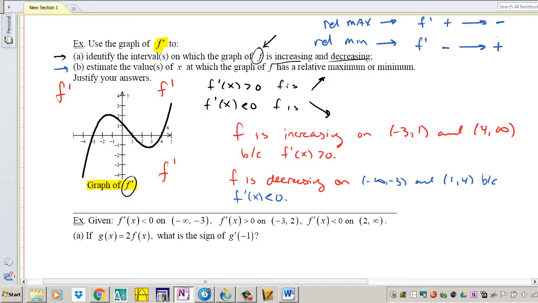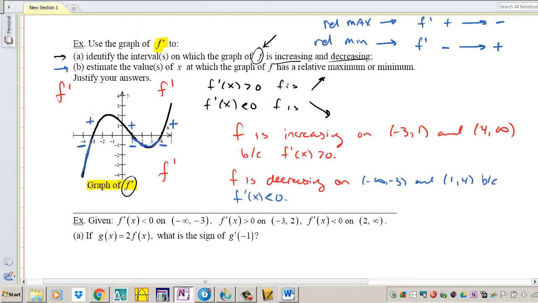So here's what I'm going to do. We just realized that this part of the graph is negative, which means the derivative is negative. This part is positive. This part is positive. This part is negative. That part is negative. That part is positive. So this is negative, negative.